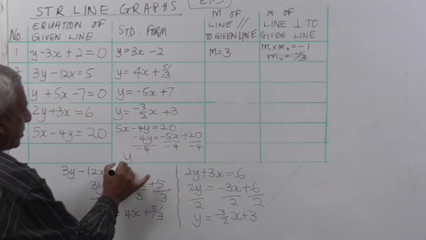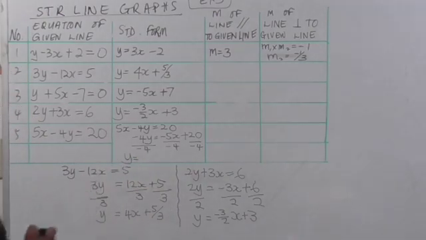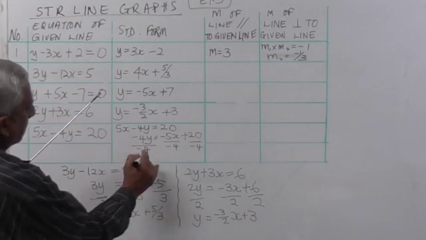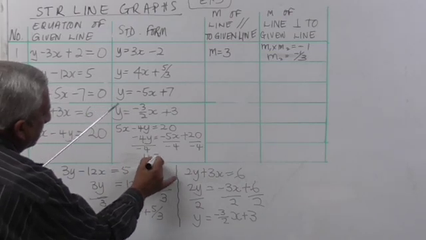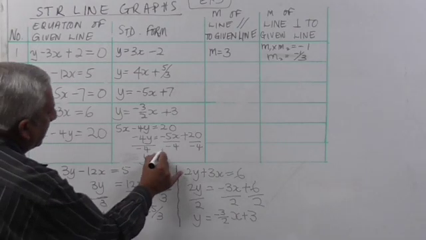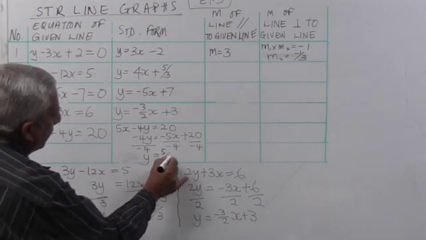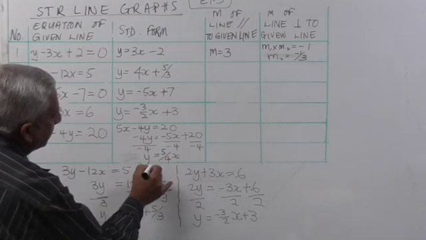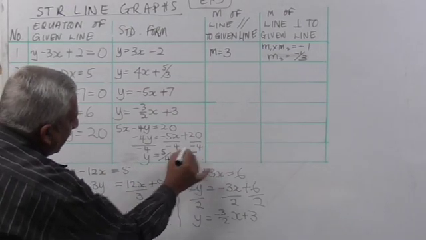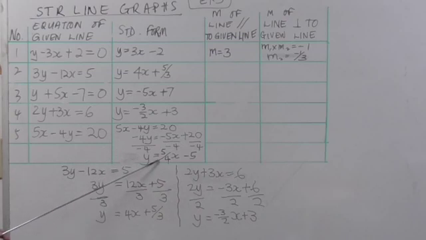Your final answer will be y is equal to positive 5 over 4x, and negative 5. So the final answer here is 5 over 4x minus 5.